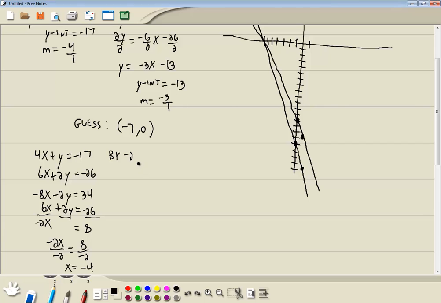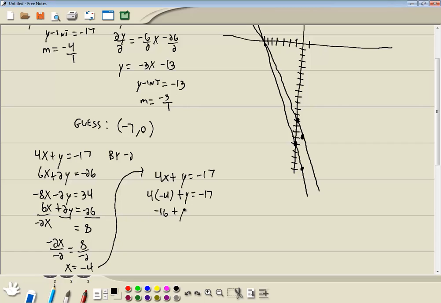Obviously my graphing skills are not that great. I can't draw a straight line. Okay. Well then, we're going to take that negative 4 and plug it back into one of our equations. I'll pick the first one. So we got 4x plus y is equal to negative 17. We just said that x is negative 4. So I got 4 times negative 4 plus y is equal to negative 17.